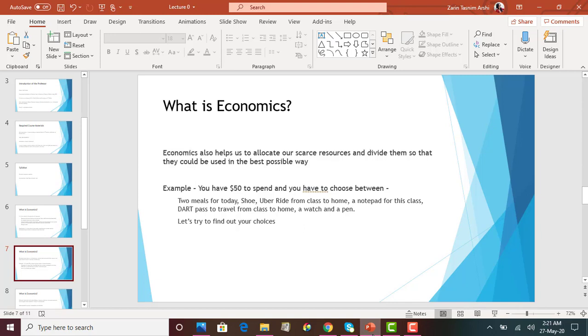Maybe for Rick it's a shoe because he probably plays a lot of sports. So different people will use the resources in different ways, but they will try to use them in the best possible way so that it maximizes their own satisfaction. And when we study economics, it helps us to make that correct choice, the choice that is best for us and will maximize our satisfaction.